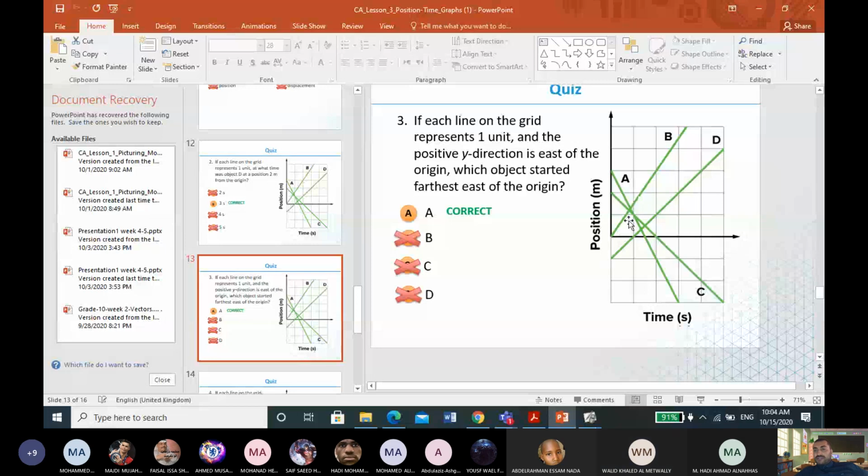Because B is starting from the origin, so it's the closest one to the origin. D is -1 away from the origin, and C is +2 away from the origin. But A is +3 away from the origin. So who is the farthest one among all these? A.